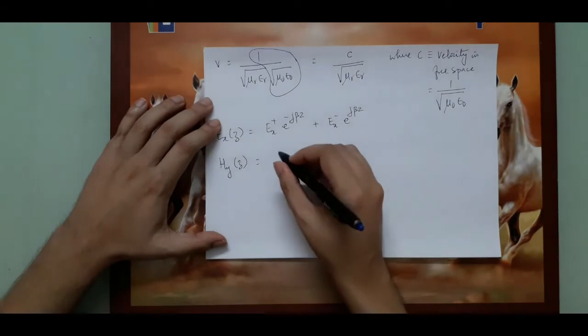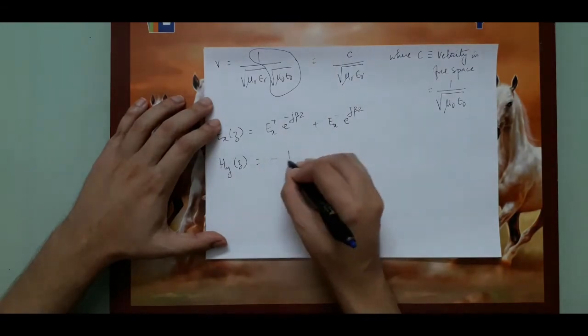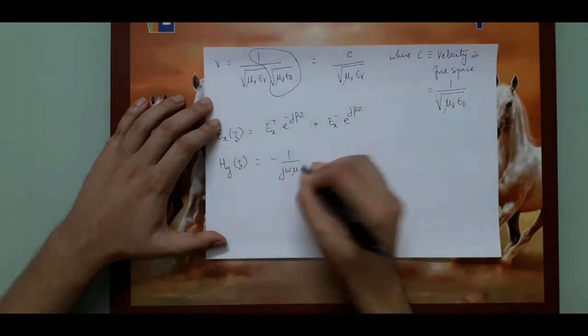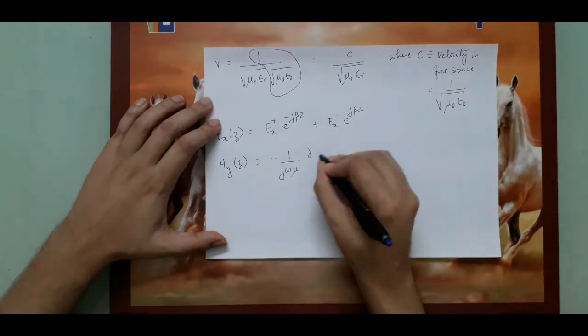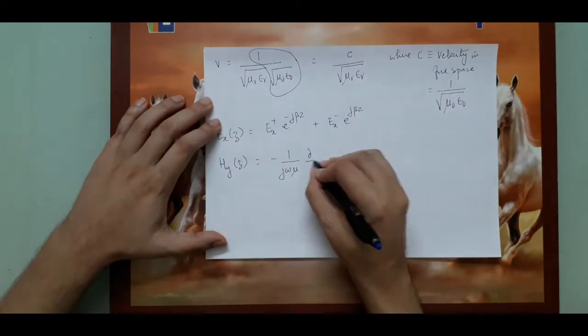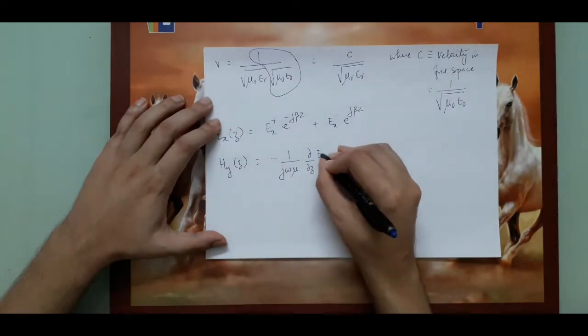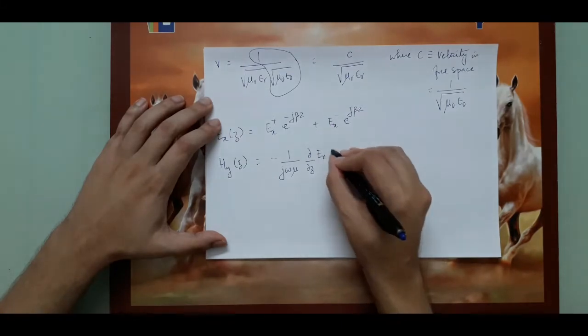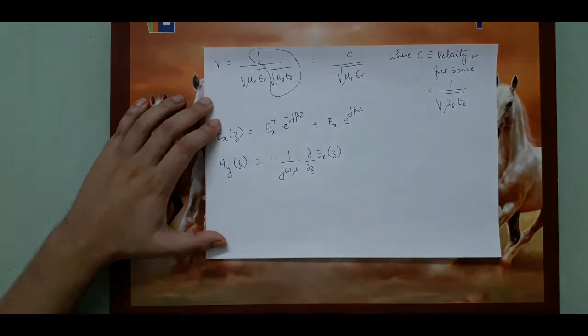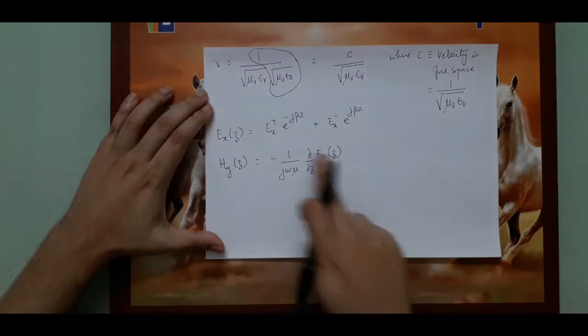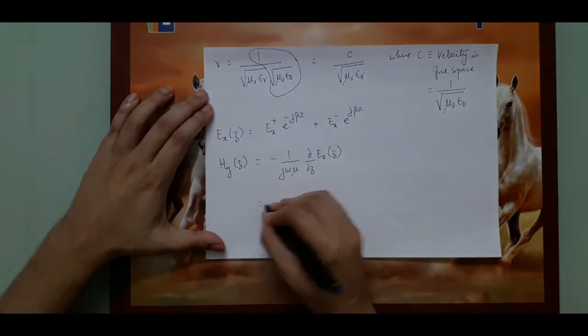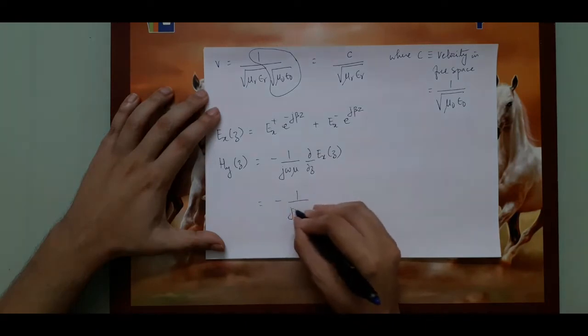That is nothing but minus 1 by j omega mu, the z derivative of Ex of z. So if I now substitute this term, what I will get is minus 1 by j omega mu.